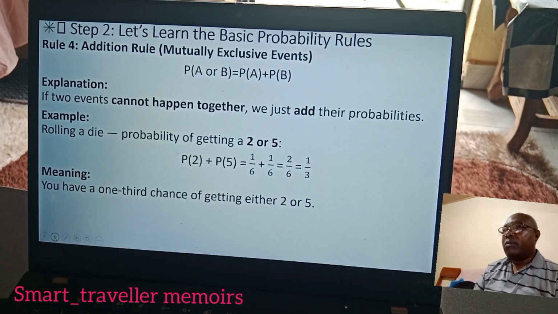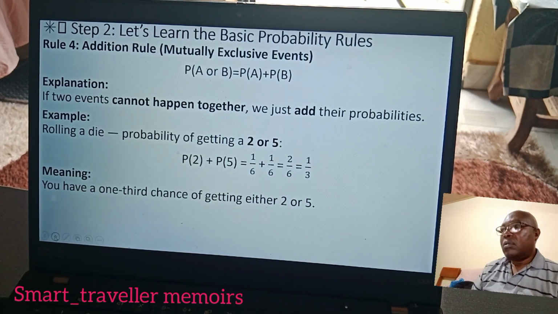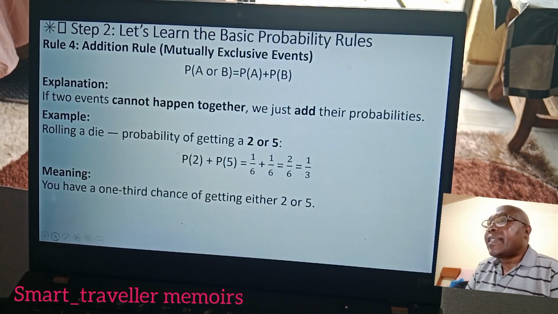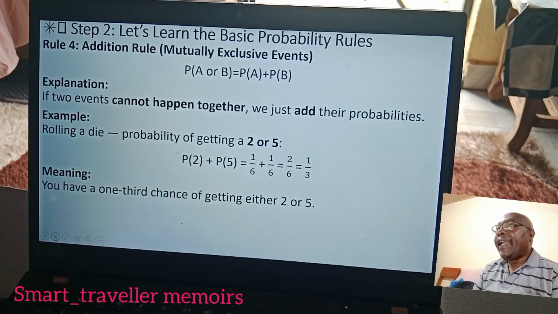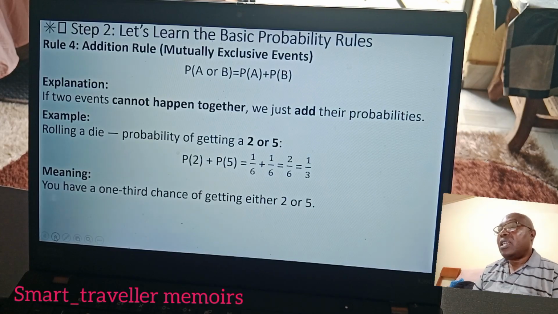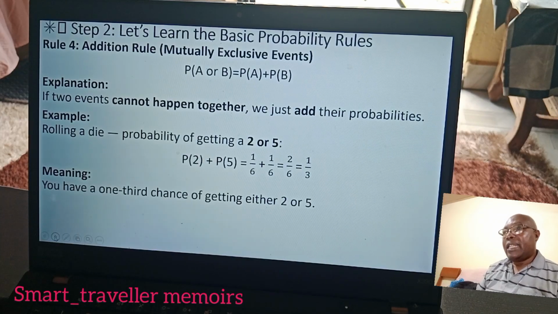Rule number 4, addition rule, which is known in probability circles as mutually exclusive events. We will discuss mutually exclusive events at the far end of the discussion. There is something I would like you to know, but let's continue with this part first.